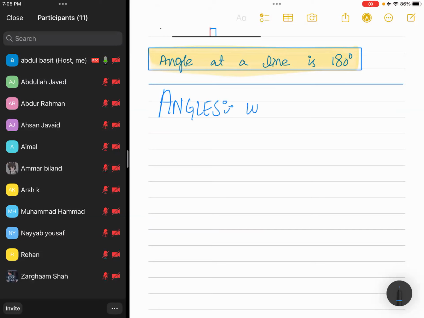Okay, when two lines meet, they make an angle. For example, two lines are also meeting at this point.